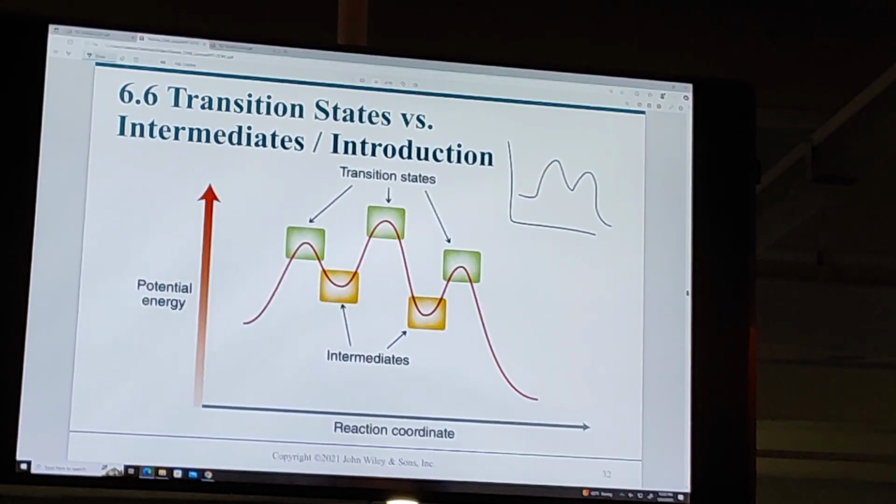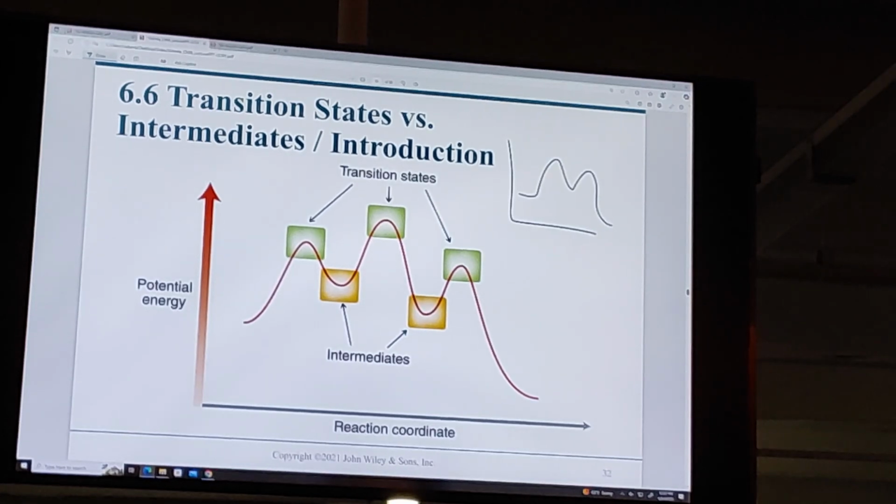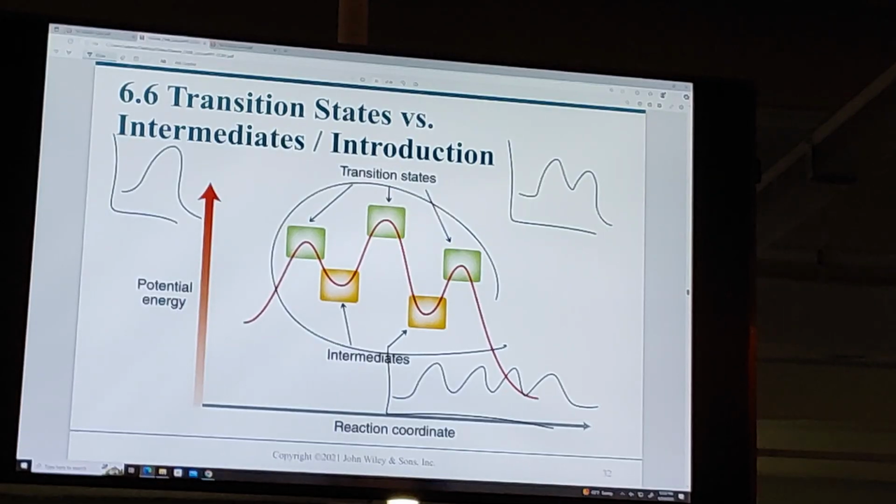But the one I drew, drawn by a 5-year-old, has two humps. That means that reaction happens in two steps. If I draw this, the reaction happens in one step. The reaction happens in four steps. So this reaction happens in 3 steps. And I want to tell you about them.